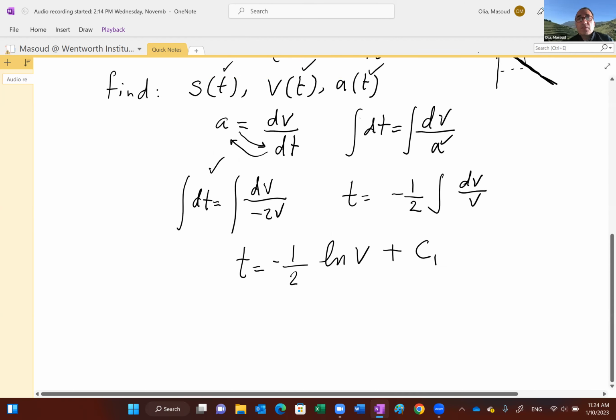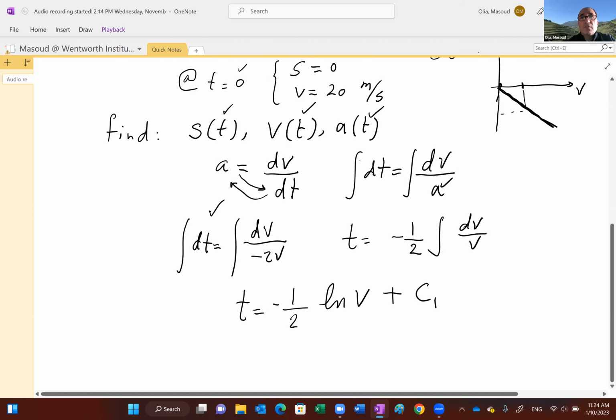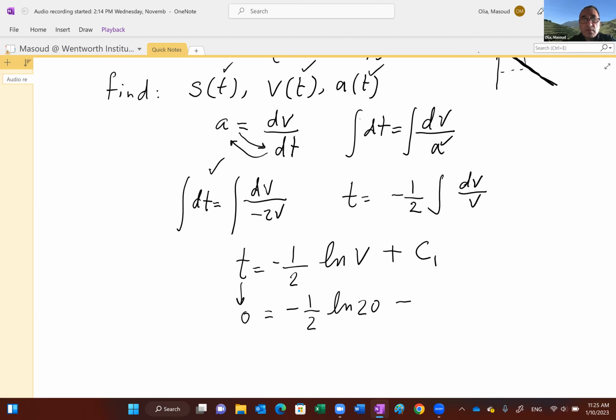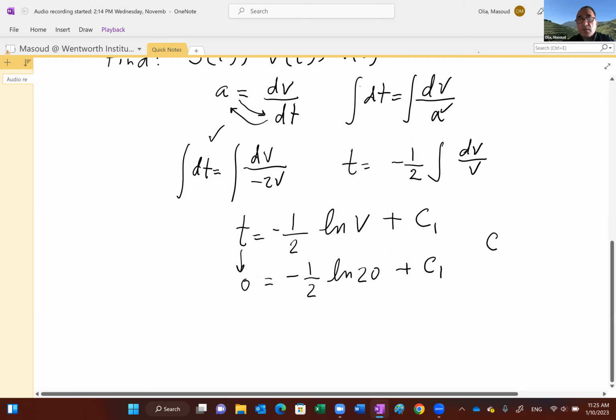Plus a constant of integration that we can find by saying, at t equals 0, v is 20. I'm just applying the initial condition to find the constant. So c1 becomes 1/2 log 20.